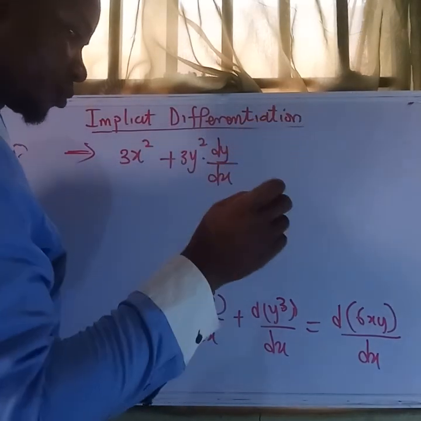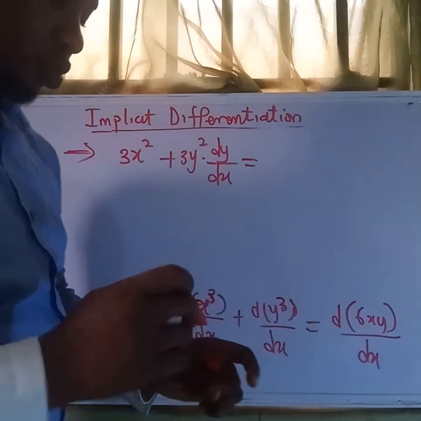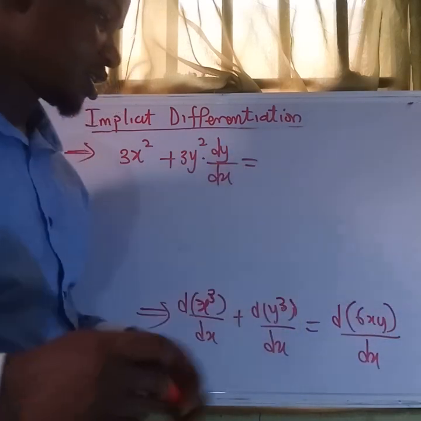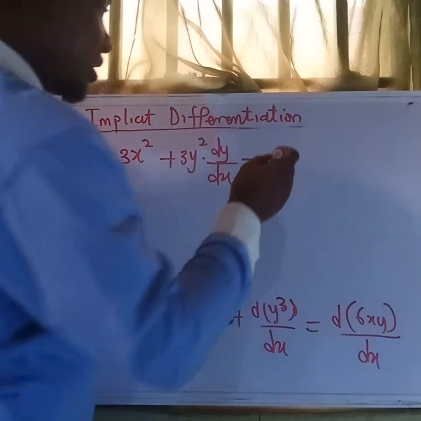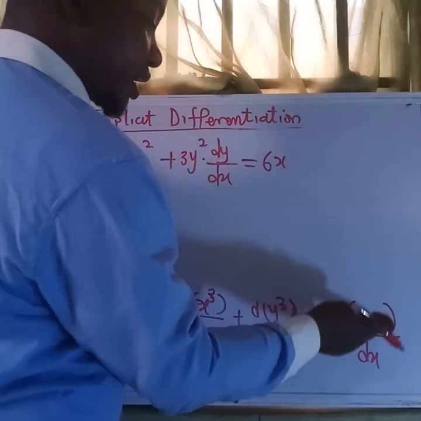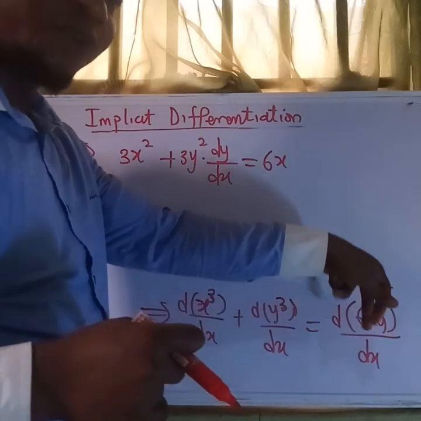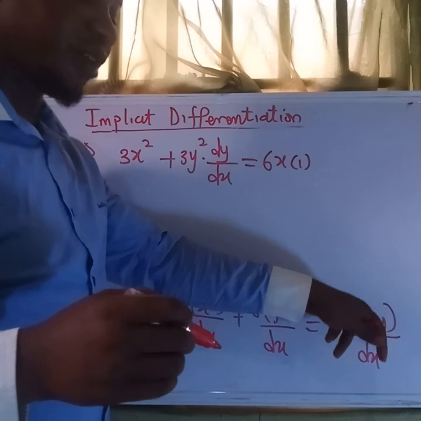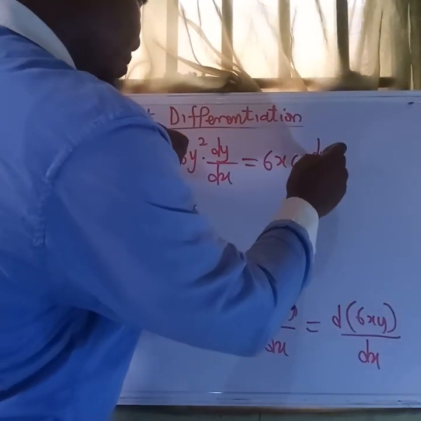Equal to, again, here we'll apply the product rule. The product rule says we hold this term first and differentiate the term at the back. The term at the back here is y. When we differentiate y, it is 1, but because y is a function of x, we have to multiply it with dy/dx, and this will be this.